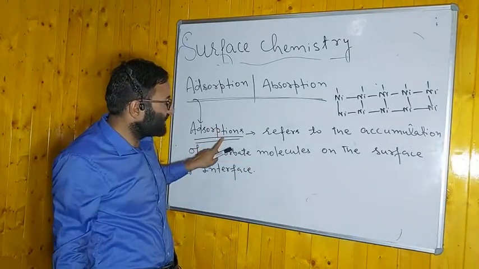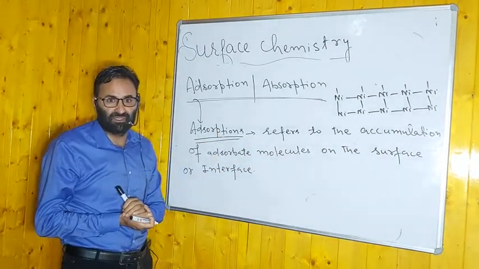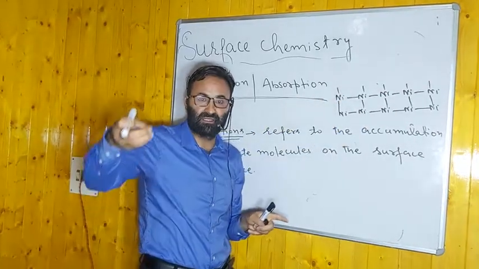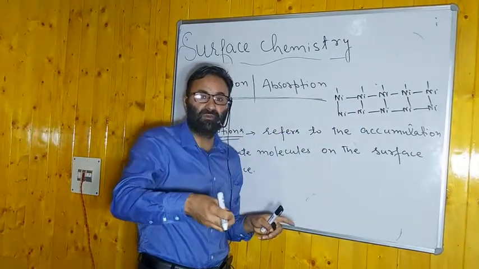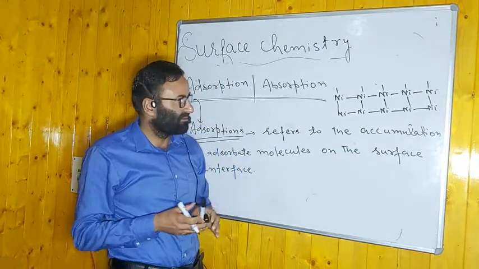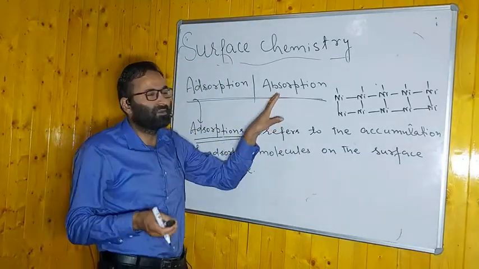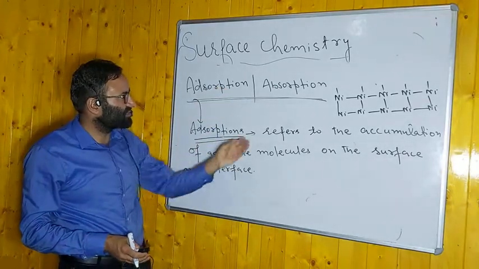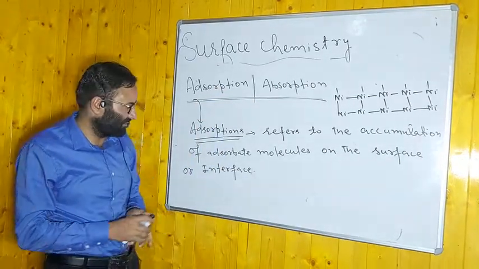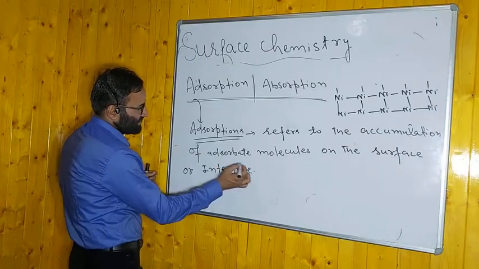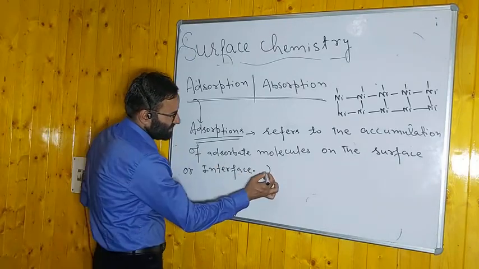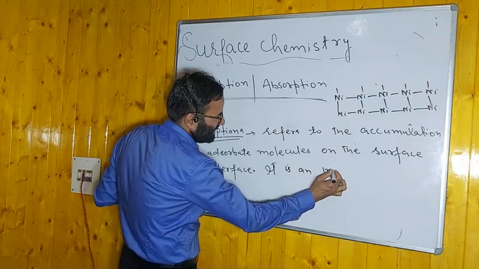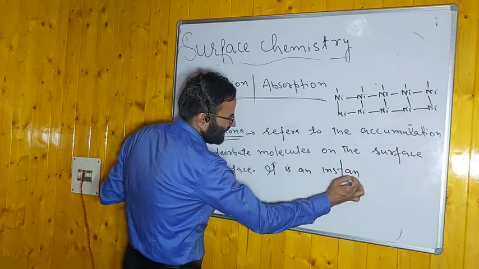Adsorption is an instantaneous process because of instability and unsatisfied valency, that is, a fast process. But when you talk about absorption, molecules enter into the bulk slowly. Adsorption is a fast process, absorption is a slow process. Remember this point.